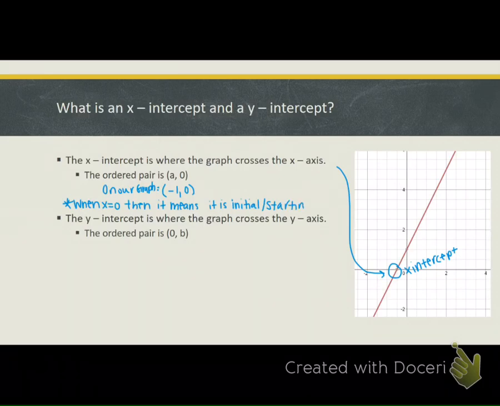So whenever x is 0, it's like the starting amount or the initial amount of whatever the unit is. Okay, the y-intercept is where the graph crosses the y-axis.